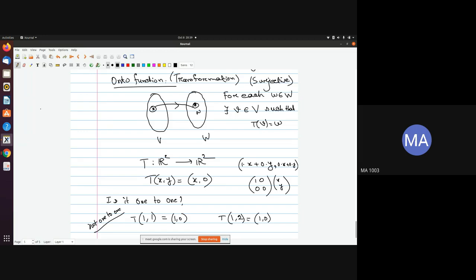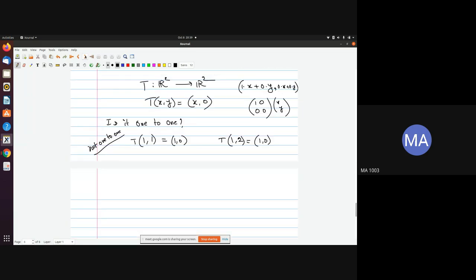For a linear transformation, what we generally do, I will come to that question later, but still see which elements are going to 0. Can you point out which elements are going to 0? All the elements on the y-axis.